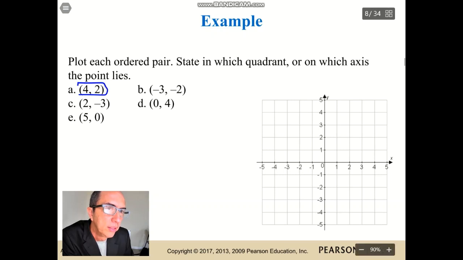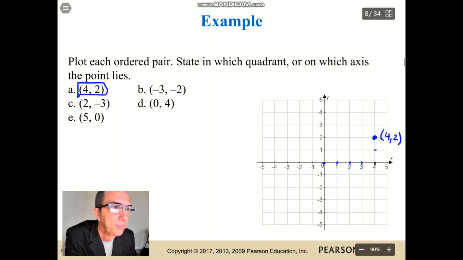First one, 4 and 2. From the origin, walk 4 to the right and 2 up. This is the point associated with the ordered pair 4 and 2.